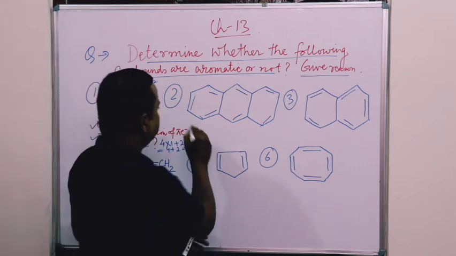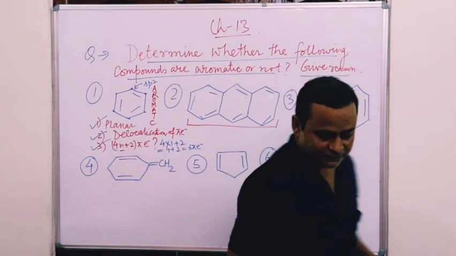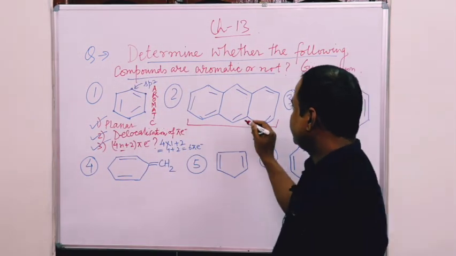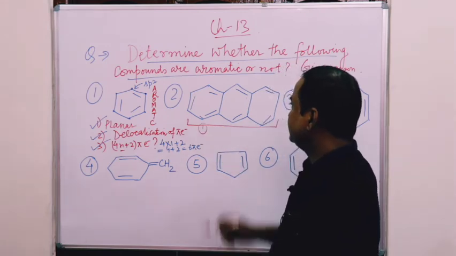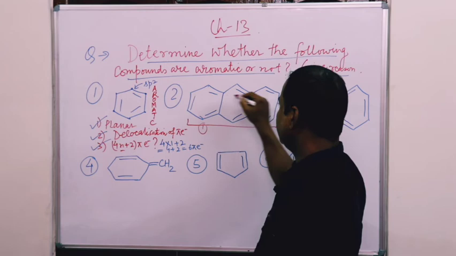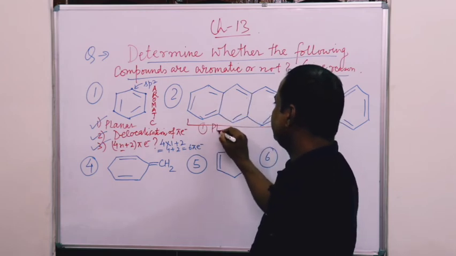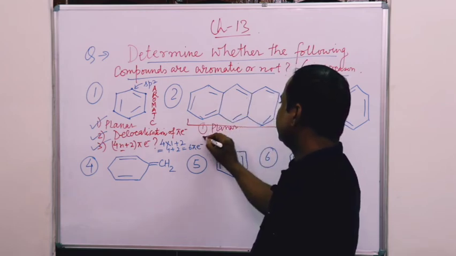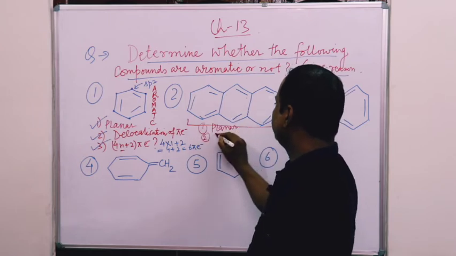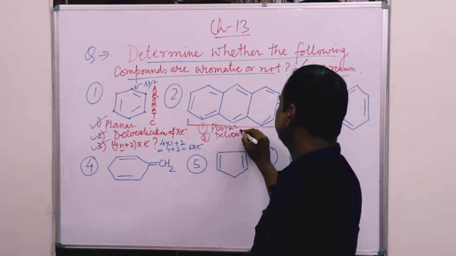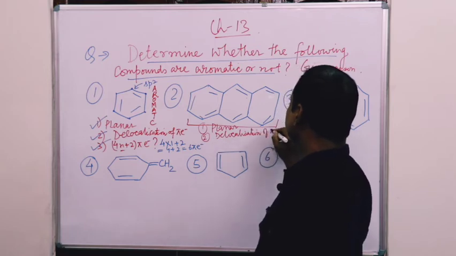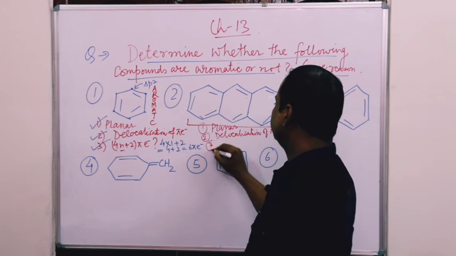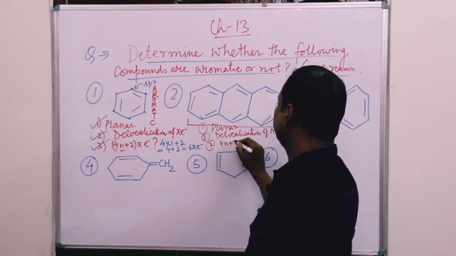Next, come to this compound. This is phenanthrene. Okay. So first, is it planar? Obviously, if you check these carbons, all of them are sp2 hybridized, so it is planar. Second, as there are pi electrons, there is delocalization of pi electrons. And number 3, are 4n plus 2 pi electrons there or not?